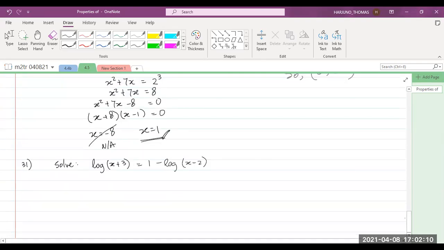I want to have log on one side and constant on the other side. So let me move that log of x minus 2 to the left-hand side. Log of x plus 3 plus log of x minus 2 equals 1. And the sum of logs equals the log of the product.